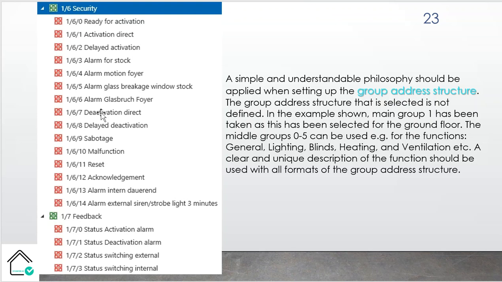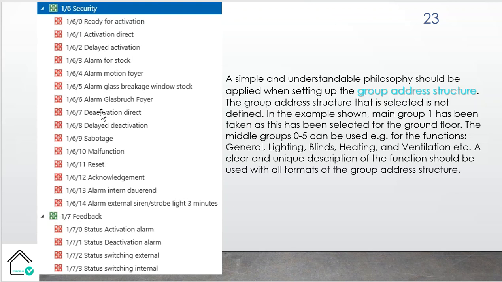A simple and understandable philosophy should be applied when setting up the group address structure, okay? Because you provide a specific functional block for security based on KNX devices, the group address structure that is selected is not defined.